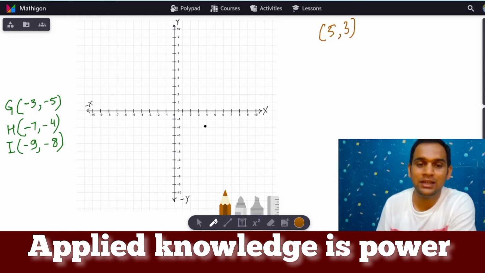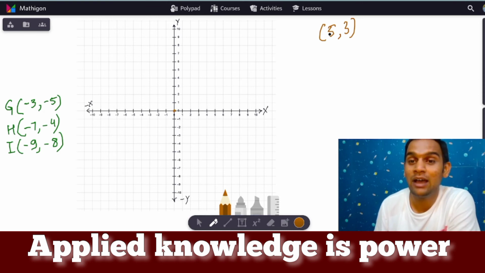So the number one thing that we do is we start from 0. Once we start from 0, where do we have to move? Positive 5, right? So we move to positive 5. Then where do we have to move? We have to move positive 3. So we move positive 3 and we reach this point. So this point we will name as A, which is nothing but 5 comma 3.